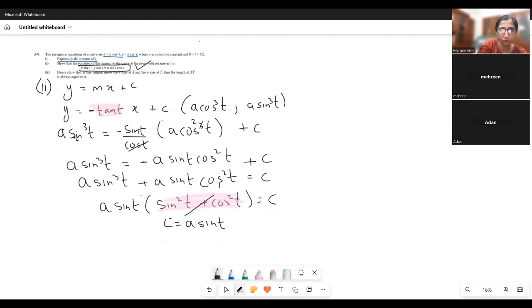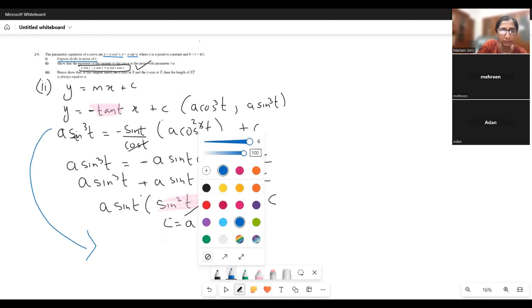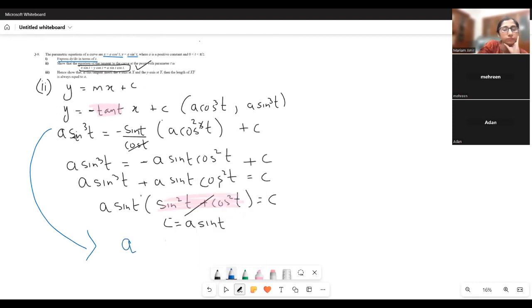So I'm going to rewrite the equation as a sine cube t equals minus, in fact, let me just use this instead. I noticed a mistake: I did not write an a here.